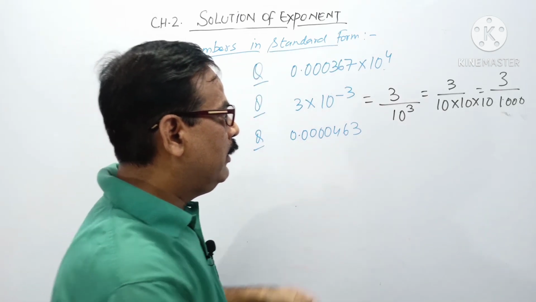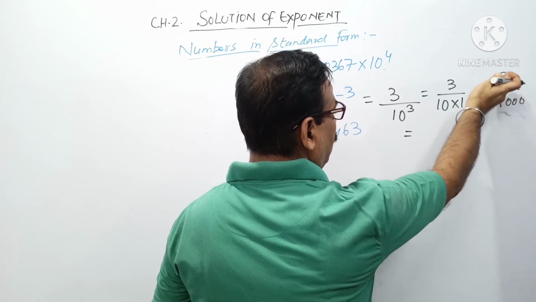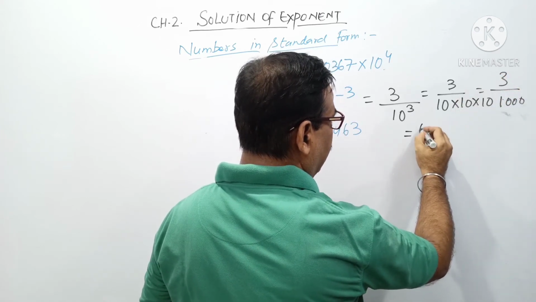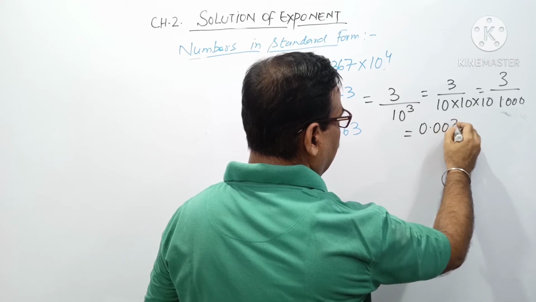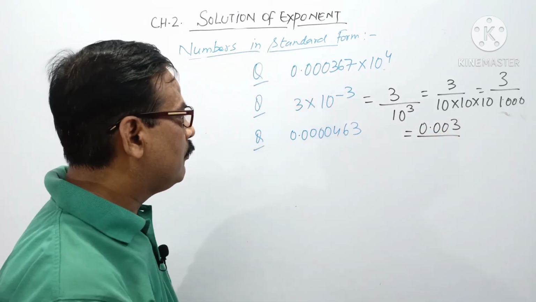Then we divide the numerator by the denominator, so we can write 0.003. This is the standard form of this number.